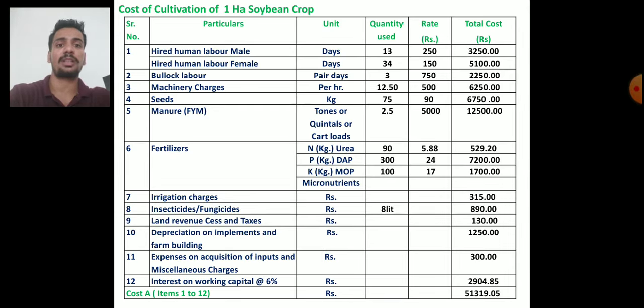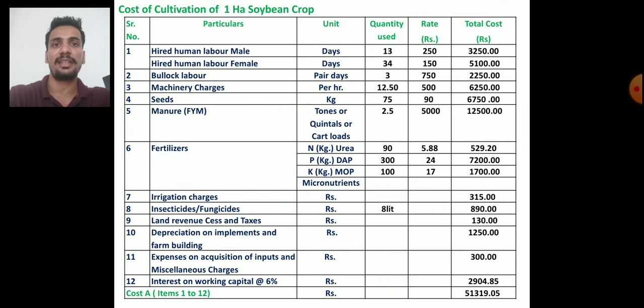Then most important, interest on working capital at the rate of 6%, because all these are variable costs, which change according to season, according to crop, or according to period. That's why they are working capital.